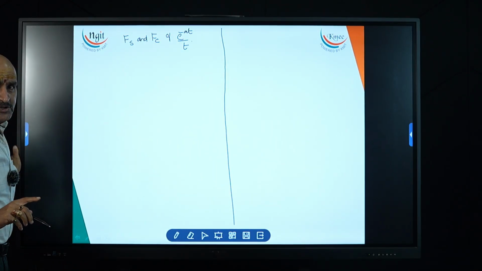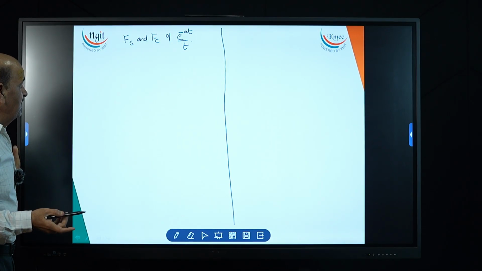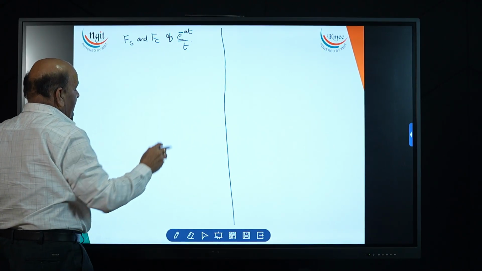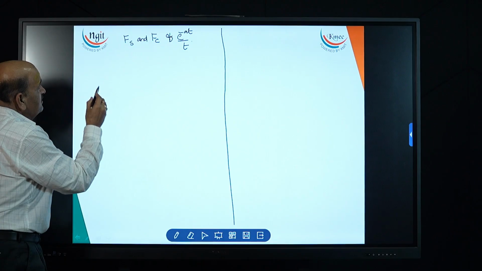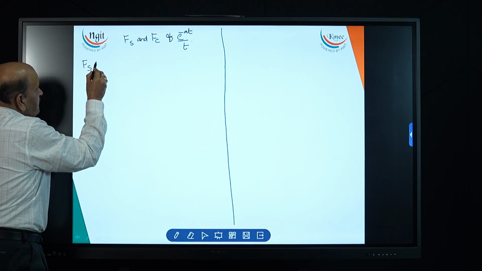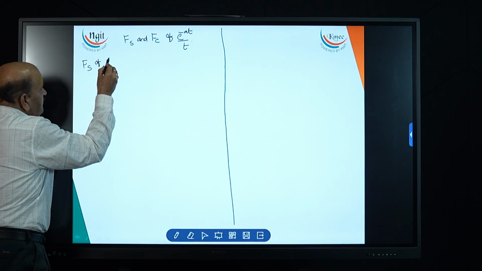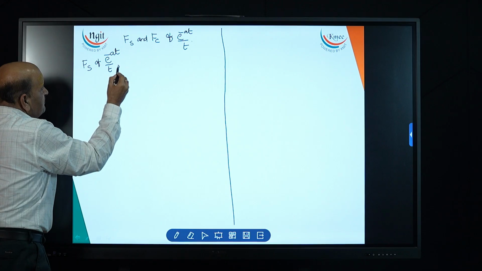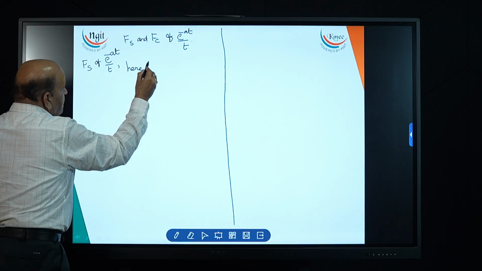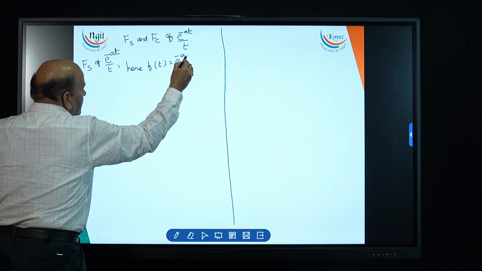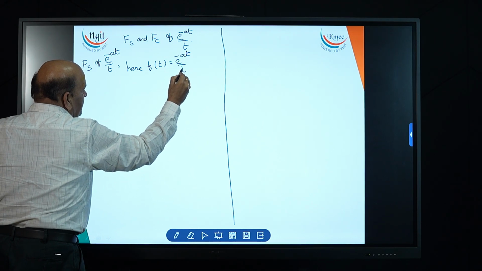The second problem, students have to do for your practice purpose. Now I am finding the Fourier sine transformation of e power minus at by t. Therefore here f of t is equal to e power minus at by t.